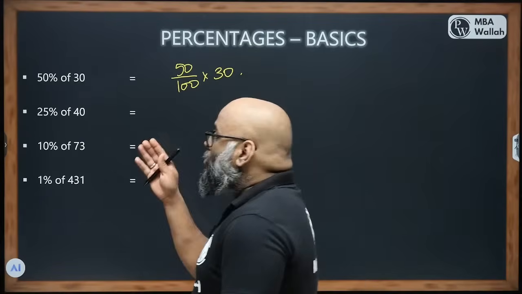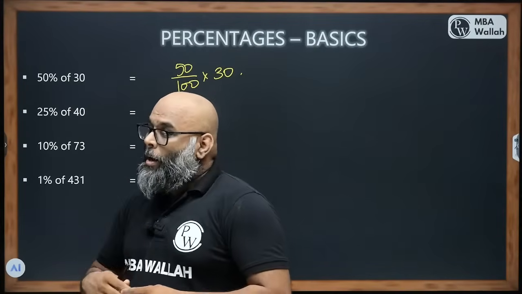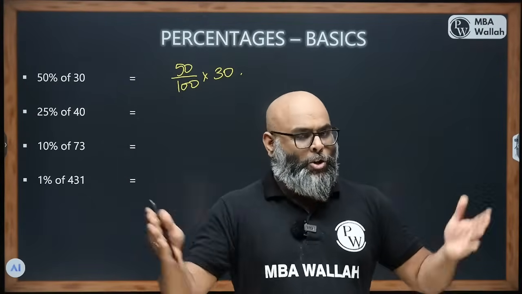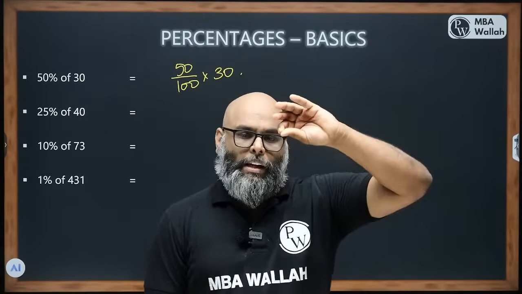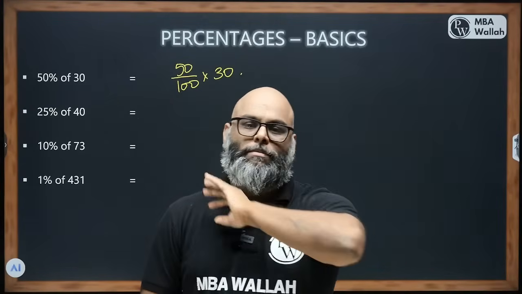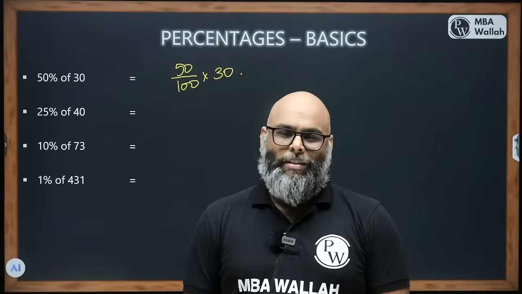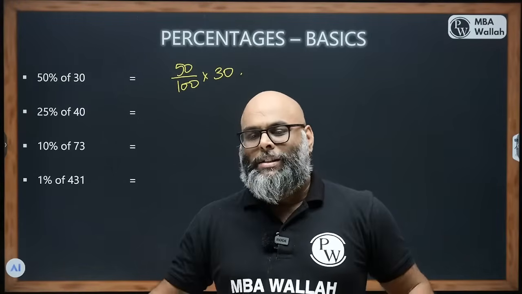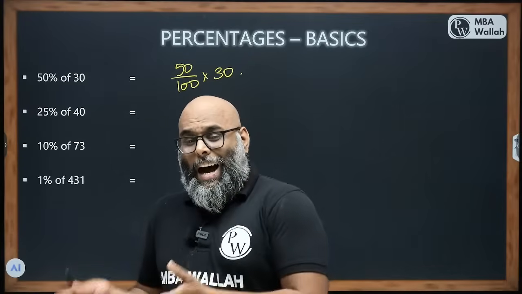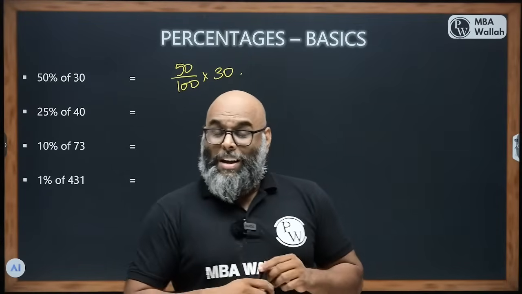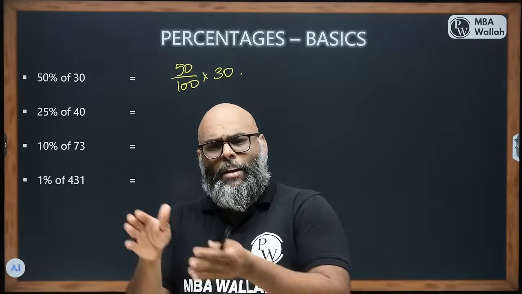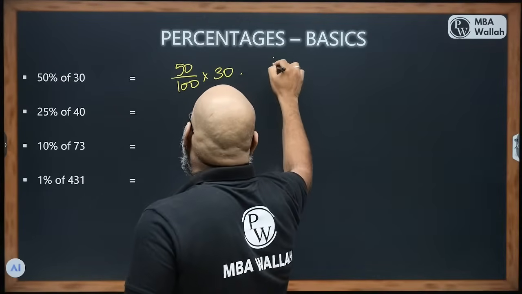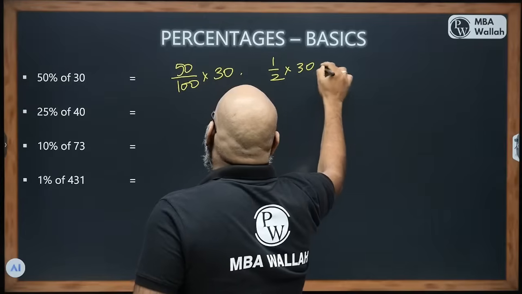The moment you saw 50% of a number, your mind promptly said, that's half the number. Am I right? Your mind immediately said, hey, that's half of this number. And that's how you are able to say half of 30 is 15.